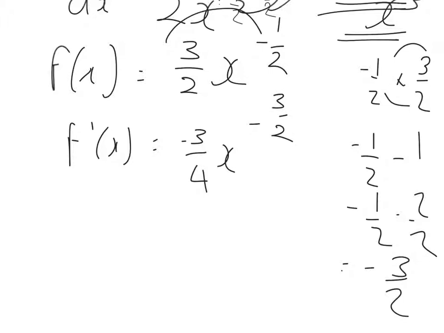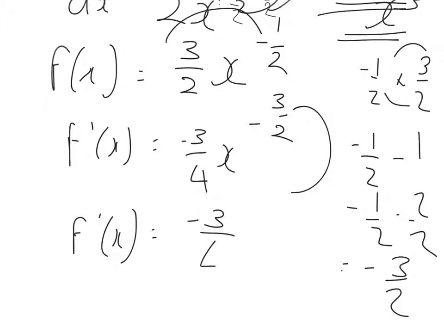I can then tidy this up by reintroducing the root sign and having a positive power, so I'll bring that back down. That'll be minus 3 over 4, and bring the x to the minus 3 over 2 down. That will be then minus 3 over 4 x to the positive 3 over 2.